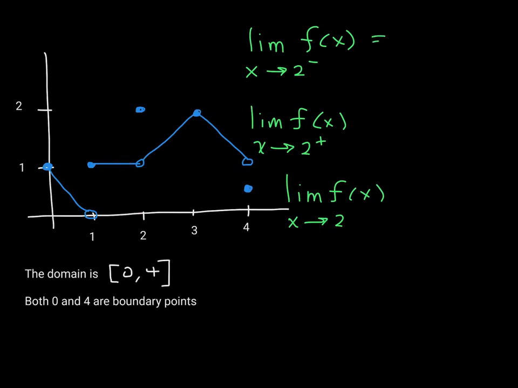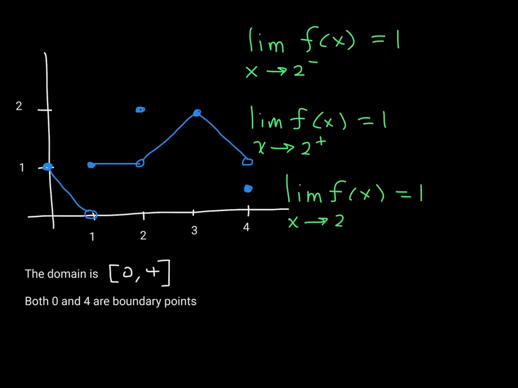The limit as x approaches 2 from the right: as x values approach 2 from the right, your function values are approaching 1. This is a two-sided limit. The limit of our function as x approaches 2 from both sides is equal to 1.